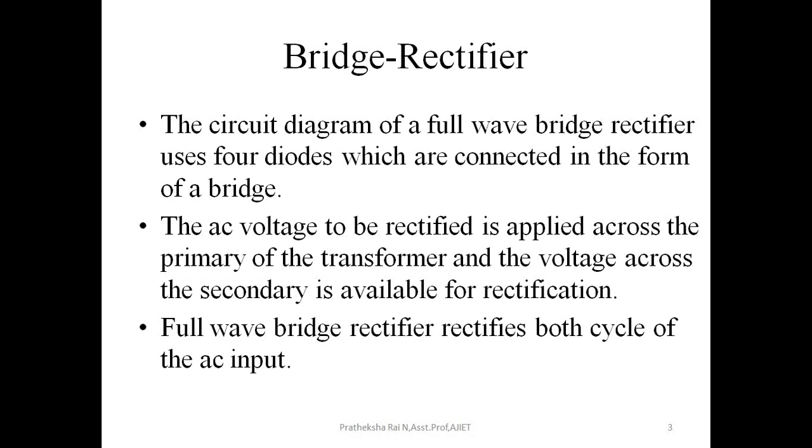In the step down transformer, the AC supply voltage is given across the primary of the transformer, and across the secondary we get the voltage which is available for rectification. A very important note: the transformer we are using here is a step down transformer. What is a step down transformer doing?